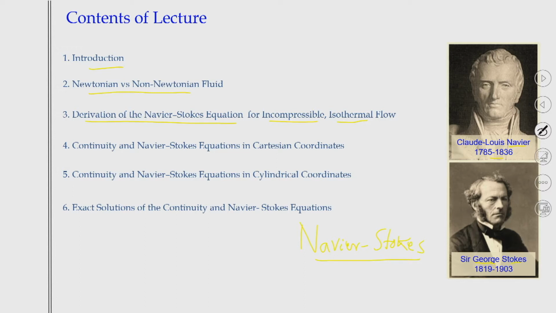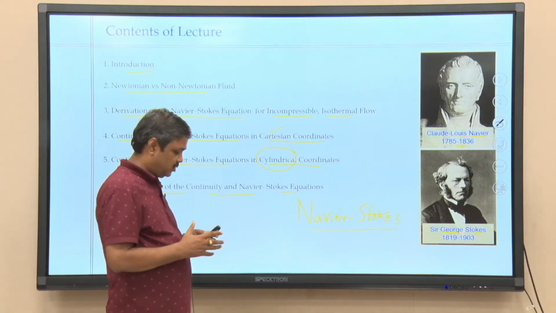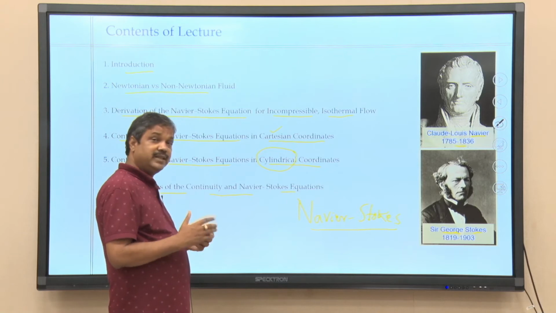Then we will talk about two coordinate systems: the Cartesian coordinate system, the Navier-Stokes equations and mass conservation, and in a similar way the cylindrical coordinate system. After that we can apply them to example problems, and look at the appropriate boundary conditions to solve these Navier-Stokes equations. That is also what we will discuss.